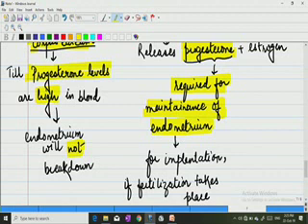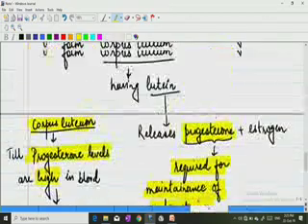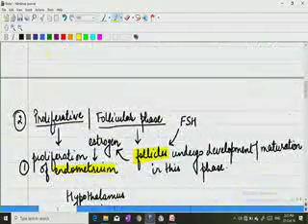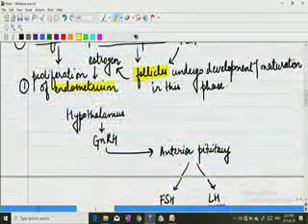So every time there is a proliferative phase or follicular phase, we have almost 6 to 12 primary follicles maturing in this phase.